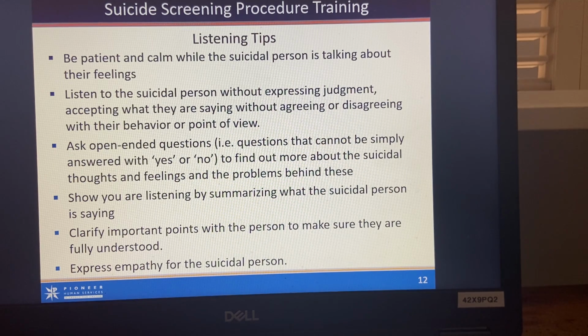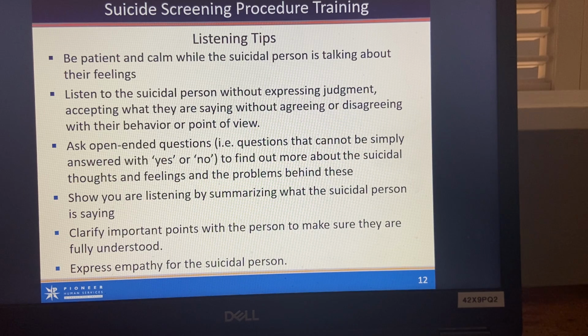So if it's best that you pull this person aside and speak to them in a quiet place, either in an office or in a more quiet section of the building, please do so, because for a client to share these thoughts is very difficult for them, and they are trusting you with the information that they are sharing with you.